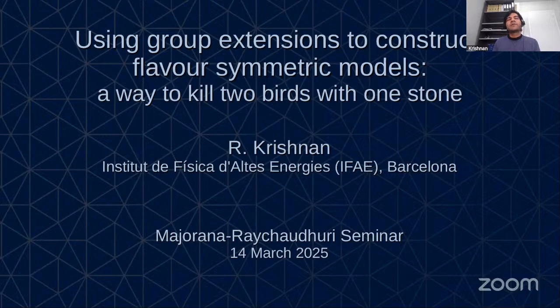You measure the mass, and that fixes the coupling itself. The flavor symmetric models are attempts to explain how the Yukawa couplings got the values they have. So that's the basic introduction of these models.